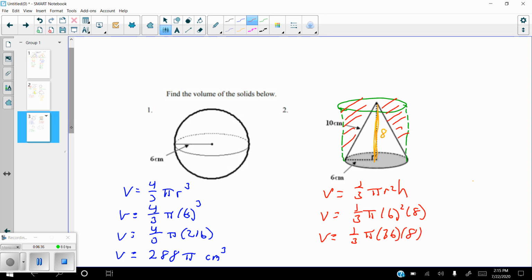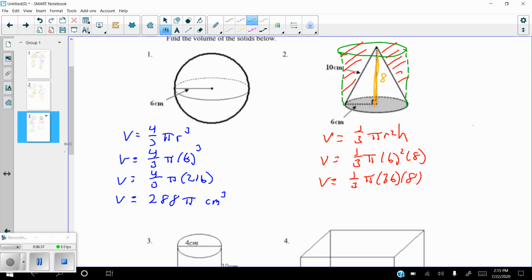Once again, use a little bit of mental math, a little bit of logic here. I can't take 1/3 of 8 easily, but I can take 1/3 of 36. So let's do that. If I take 1/3 of 36, that's 12. And then I'm going to multiply 12 times 8, which is 96. So we're going to get 96 pi, and then once again, centimeters cubed.